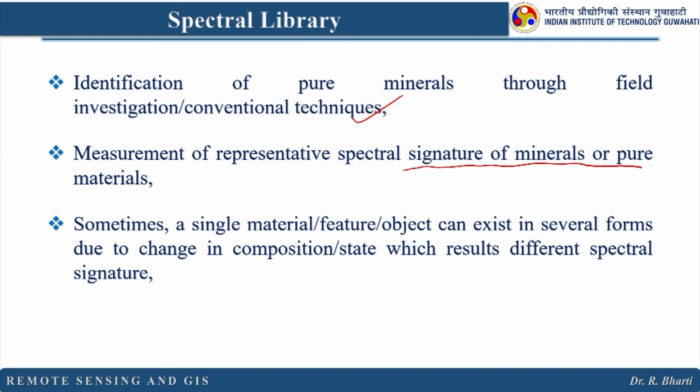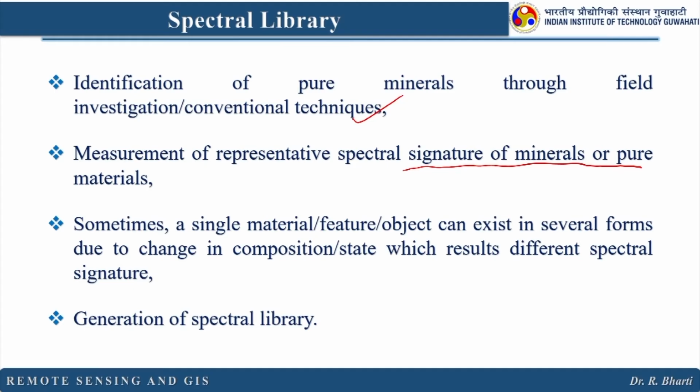So, that is why it is very unique information, and that is why it is possible to identify all of them through this space based measurement, right. So, once you are confident that these are the pure minerals or pure materials or objects, then you can generate their spectral signature like emissivity or reflected spectra, and then you can save it somewhere and call it a spectral library.